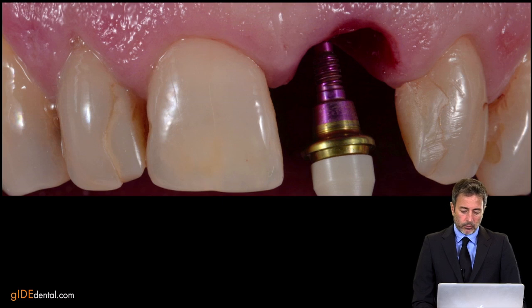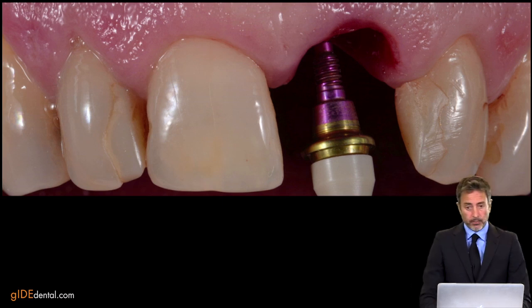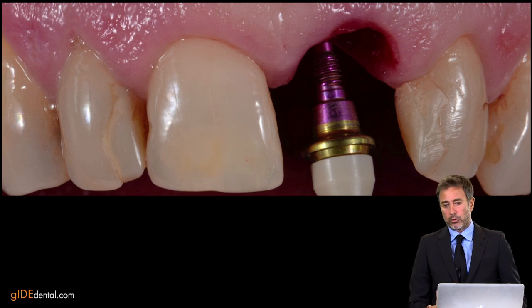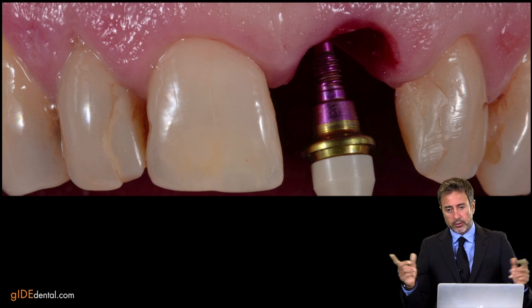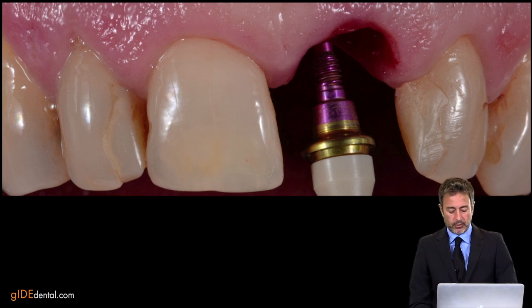We had a thick biotype in this case, and the facial bony wall is intact, which means that we are in a favorable position to do that. At the same time, we insert the immediate intermediate abutment, the so-called multi-unit abutment, but for a single restoration, because we are able to have anti-rotation in the crown.